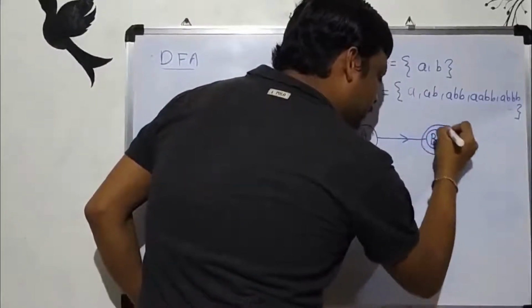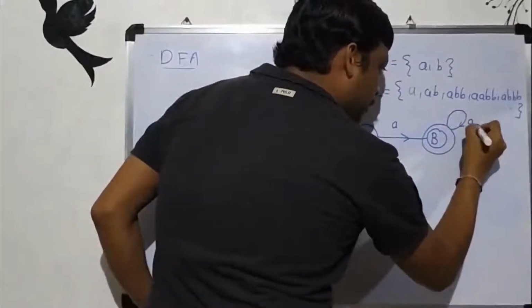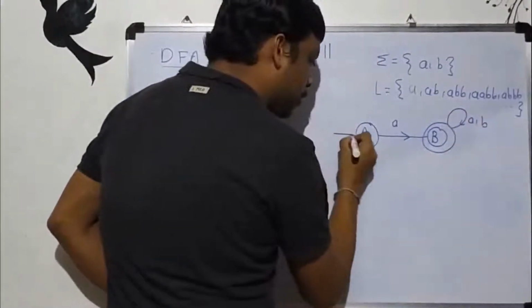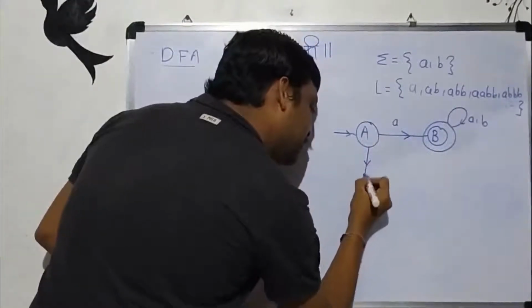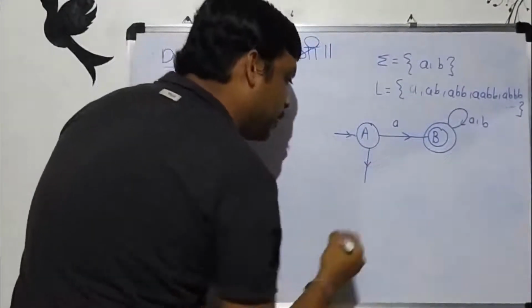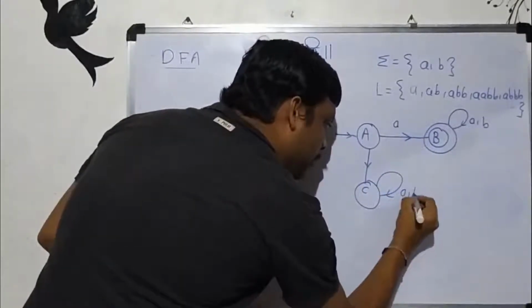We have discussed this diagram in this way. Here A, then A comma B. A was the initial state. In our previous lecture we already discussed the introduction of this diagram. Then C, and here A comma B.